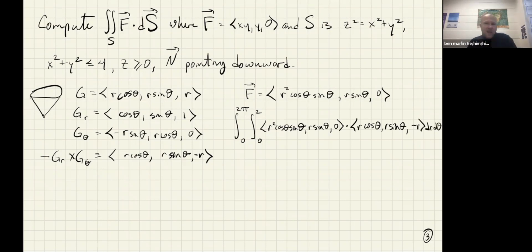Okay. And so when you take that dot product there, you will end up with an r cubed cosine squared theta sine theta, and then plus an r squared sine squared theta, and then plus a 0, dr d theta.